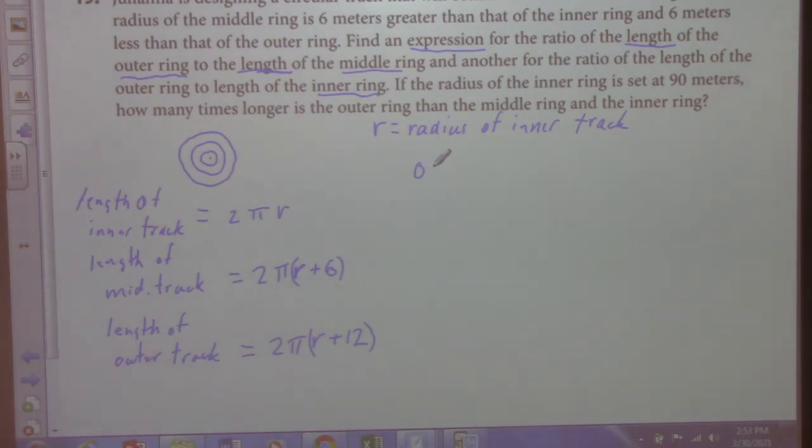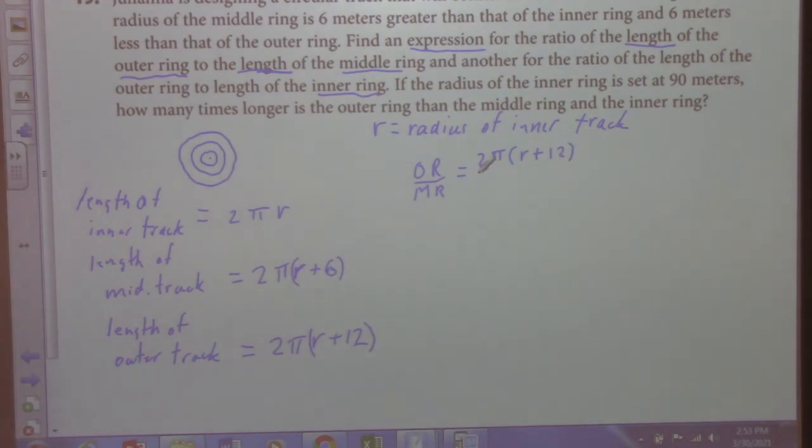So the ratio of the outer ring to the middle ring is going to be what? What's that fraction going to be? What's our outer ring? 2 pi times the quantity of R plus 12, thank you.